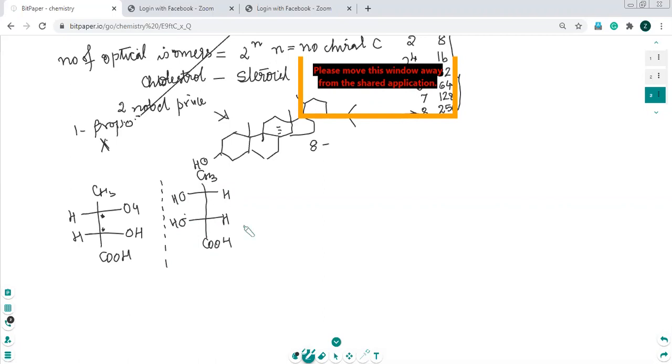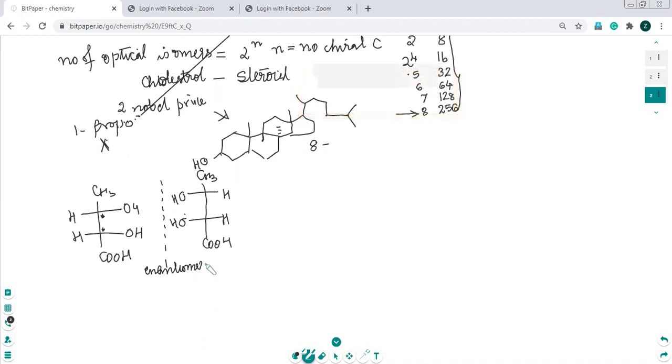So this is the second form. What is the relationship between these two? They are enantiomers. Non-superimposable mirror images. Enantiomers.